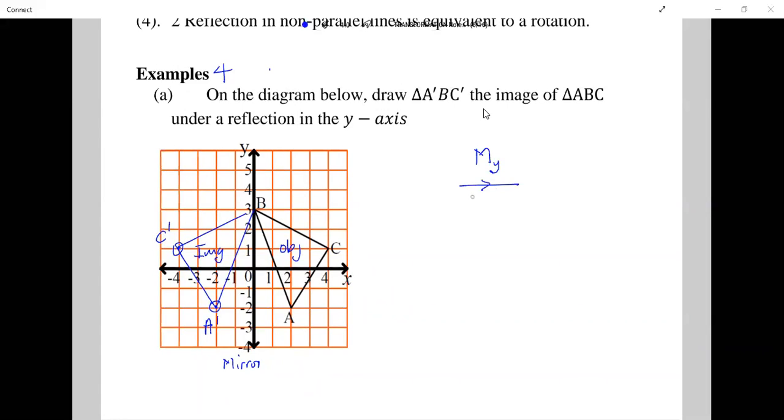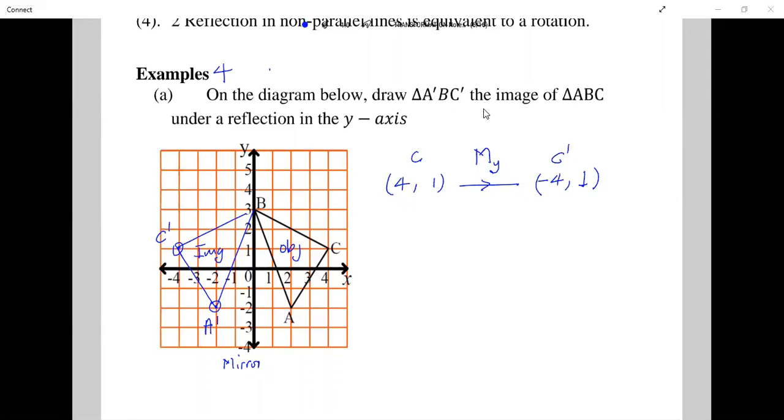The point A, which was, sorry, let's use the point C. The point C, which was 4, 1. So C is 4, 1, this is C, became C prime, which is minus 4, 1.